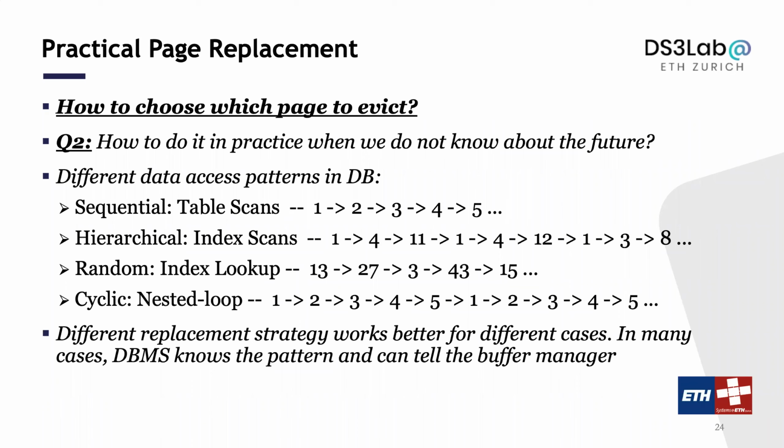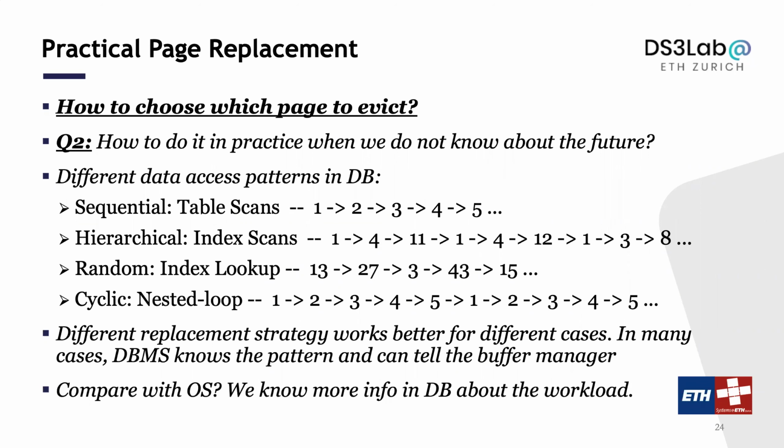You do not have that piece of information that the database knows about. Because of that, the database can do more optimizations in terms of buffer management. And to answer the question that we had like 20 minutes ago, that's one key motivation why database people want to build our own buffer manager instead of just using the virtual memory inside the database, okay?